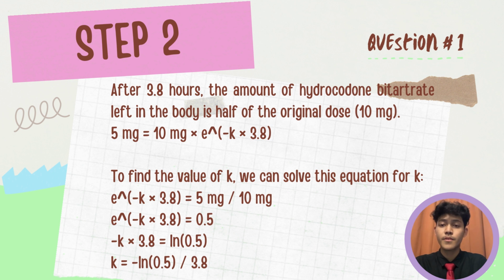Next, e to the power of negative k times 3.8 equals 5 mg over 10 mg, which gives 0.5. Next, negative k times 3.8 hours equals ln 0.5. Now we get k equals negative ln 0.5 over 3.8.